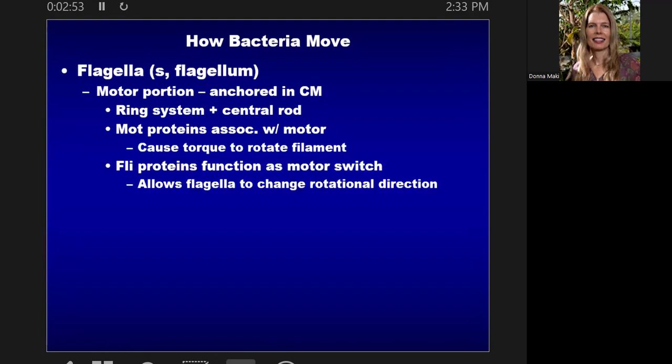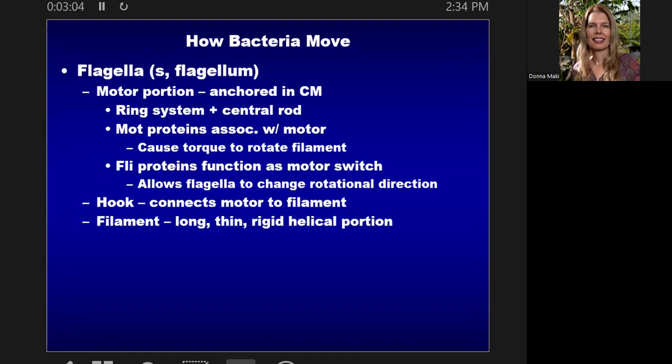So all of that will then have a connection to what we call the hook. And then the hook connects to the filament, which is actually what you see when we look at it tomorrow. We're doing the flagella slides.